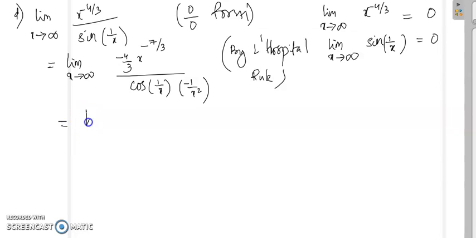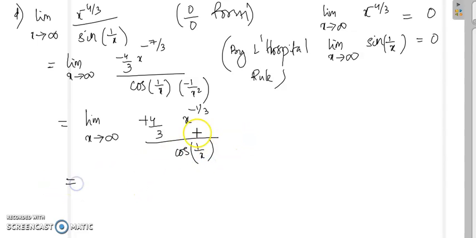So that will be equal to limit x tends to infinity, minus 4 by 3 into x square, plus 4 by 3, the minus sign cancels. x square will go to the numerator, so that will give you x raised to minus 1 by 3, by cos 1 by x.